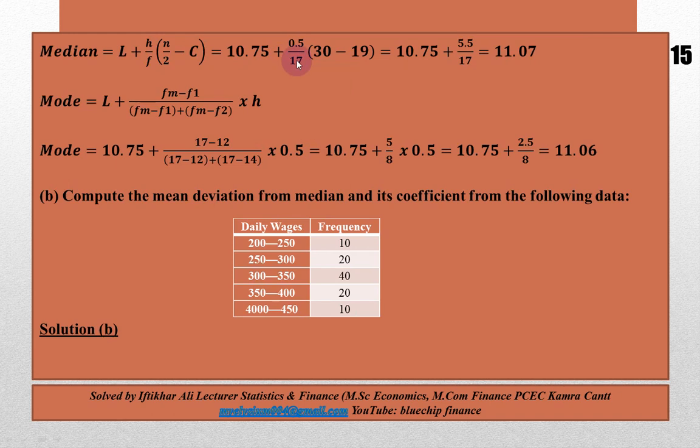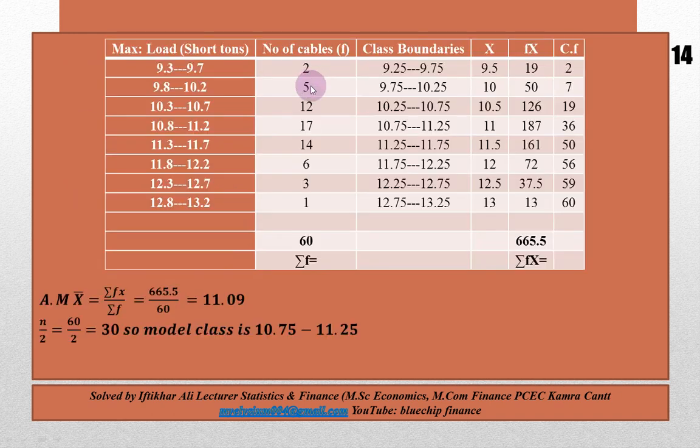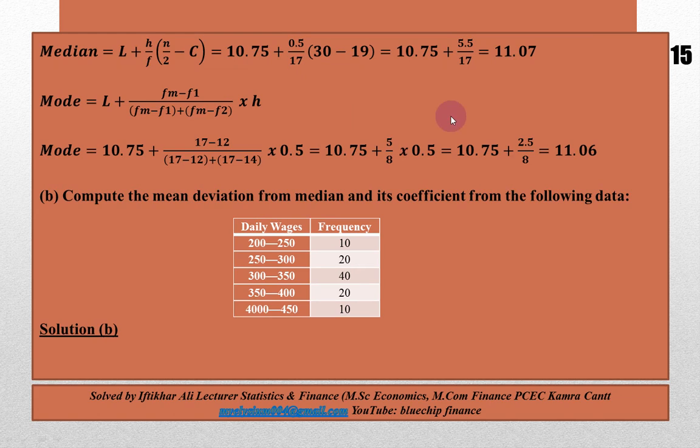So we put 17 here, and n by 2 is equal to 30, and c we take as the value before the cumulative frequency of 36, that is 19. And after putting the values into the formula, median will be 11.07.